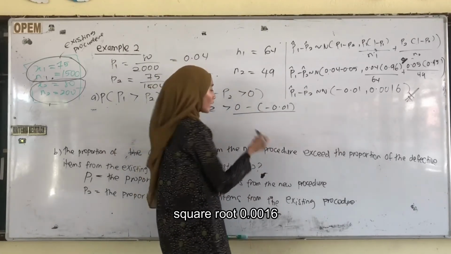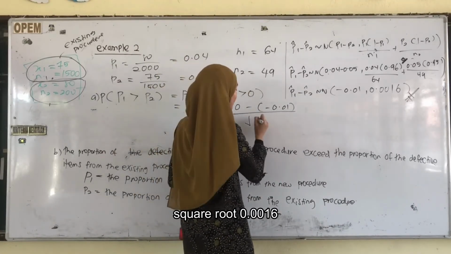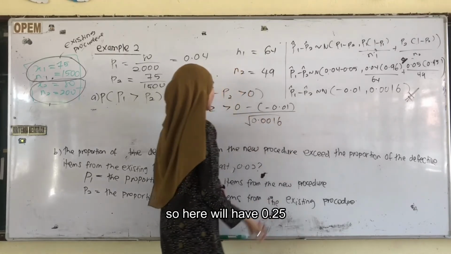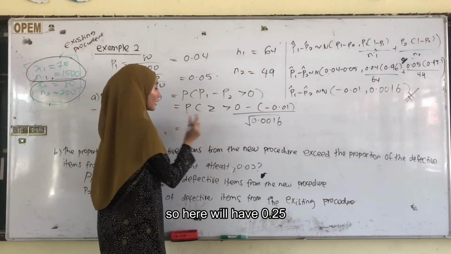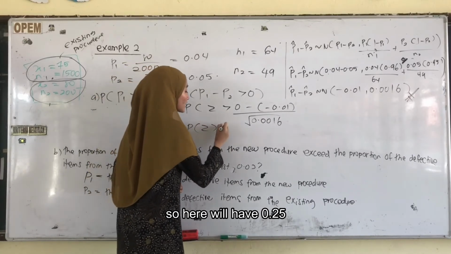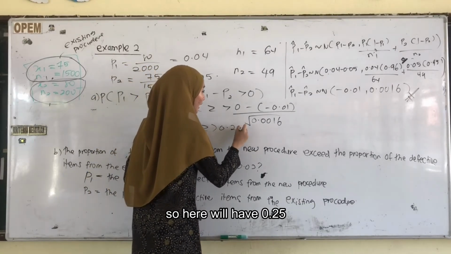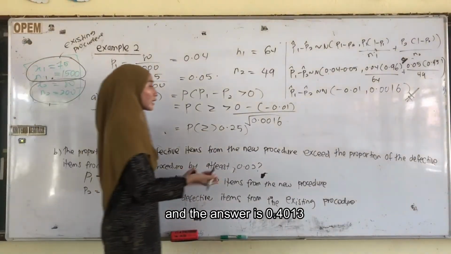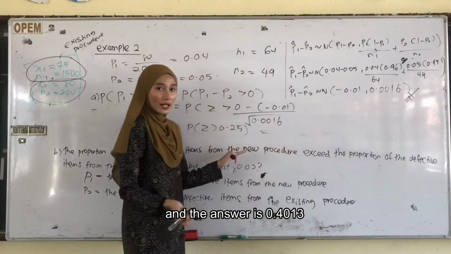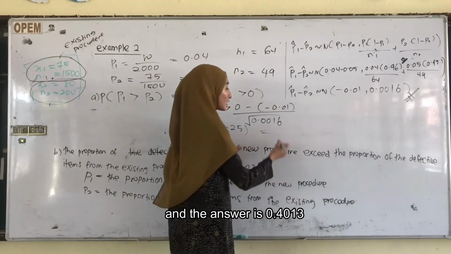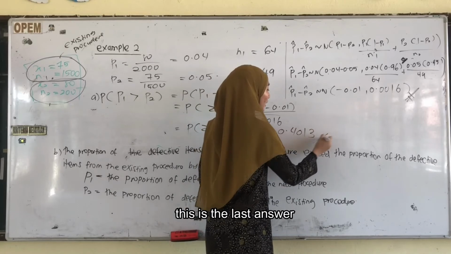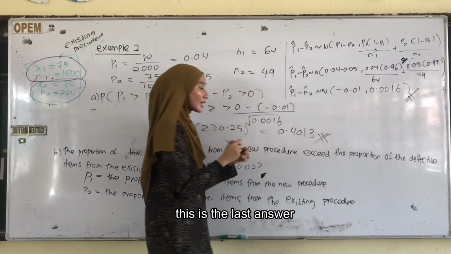So square root variance is 0.0016. So here we have Pz 0.25 and we look at the table and we will have the answer is 0.4013. This is the last answer.